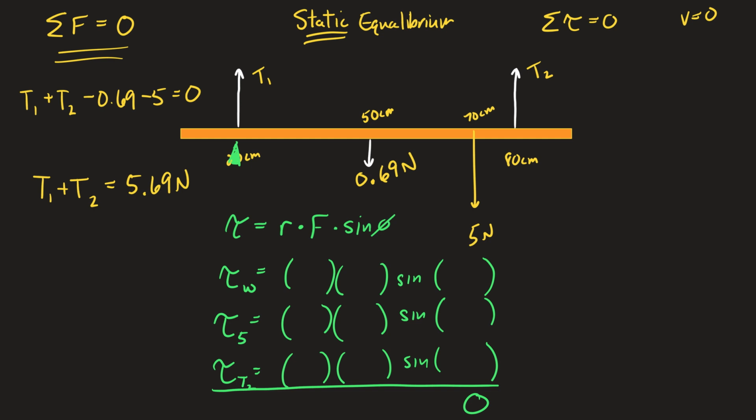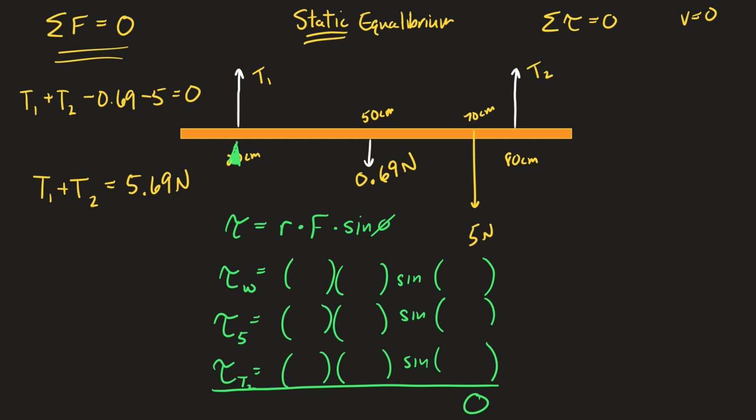So I'm going to go to each one of my torques and we'll evaluate it. So let's talk about the weight. The first thing is the torque arm. That's the distance from the pivot point to where the force is applied. So for our first one, I'm starting at 20 centimeters and pointing to 50 centimeters.